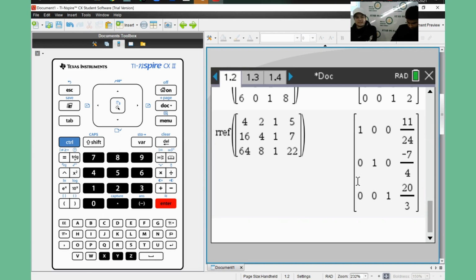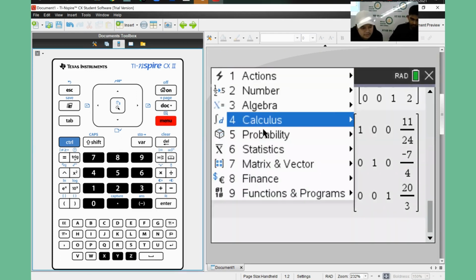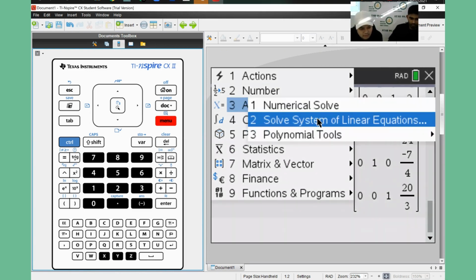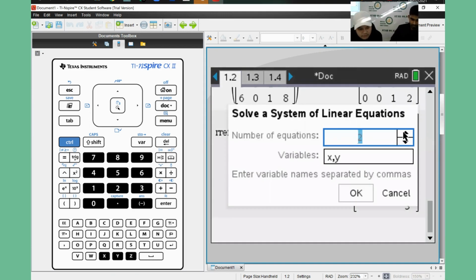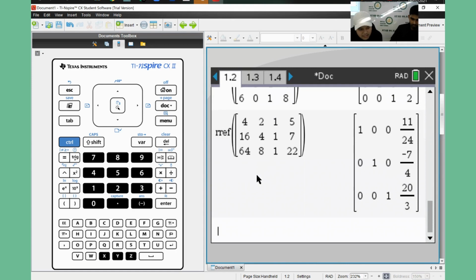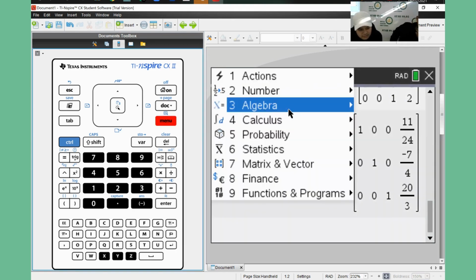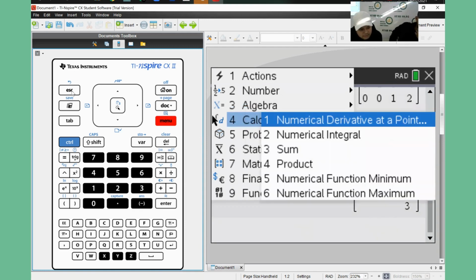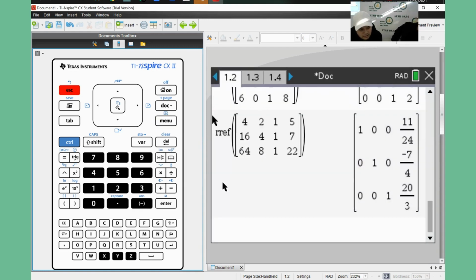Because if you choose test mode, you may say, hey, I've got a solving in here, algebra. So solving system of equations in here, I can use this as well. So 3 equations, 3 unknowns. But however, once you click on the test mode, this doesn't work anymore. So that's why double REF is your option.